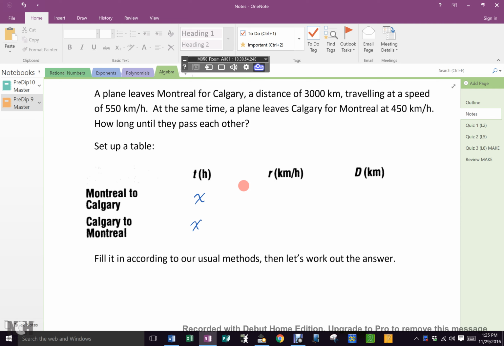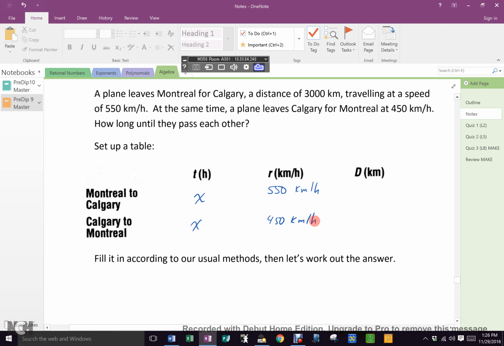Now, what is the rate at which the plane from Montreal to Calgary is flying? 550 km/h. And what about the Calgary to Montreal plane? 450 km/h.